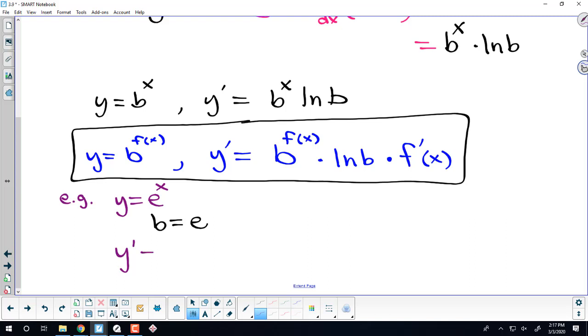So we say the y prime according to this rule is the exponential itself times the natural log of the base times the derivative of the power. So just go ahead and write all of that out, because this is what our rule tells us to do. Exponential itself times the natural log of the base times the derivative of the power. And of course we see that both of these things here, ln of e and the derivative of x, are both 1. So y prime is just e to the x. But again, this rule here is for any exponential.